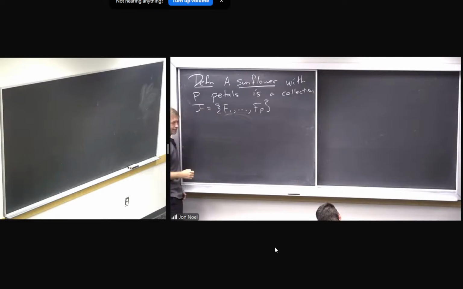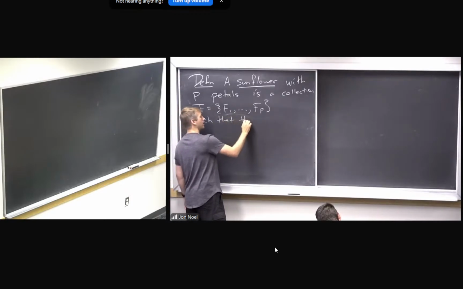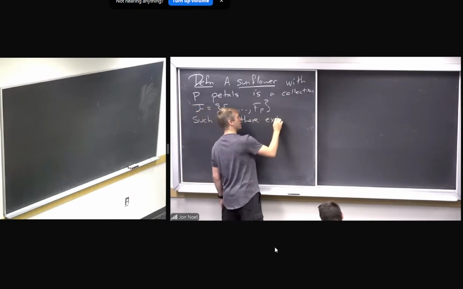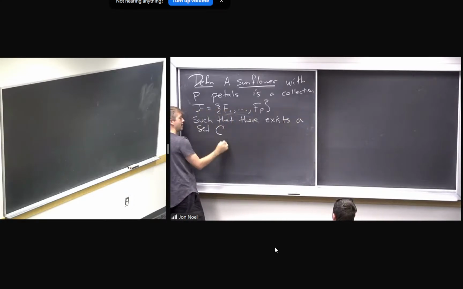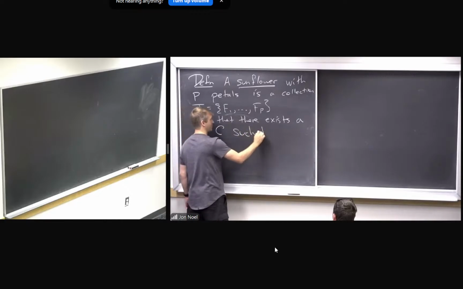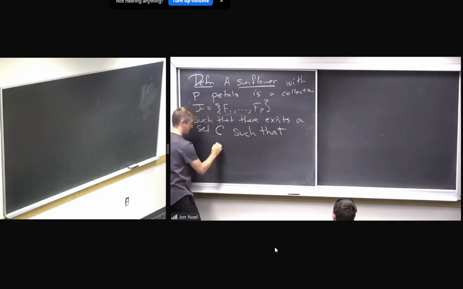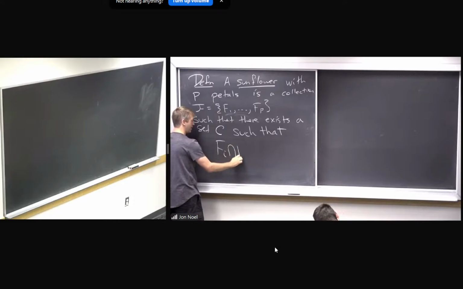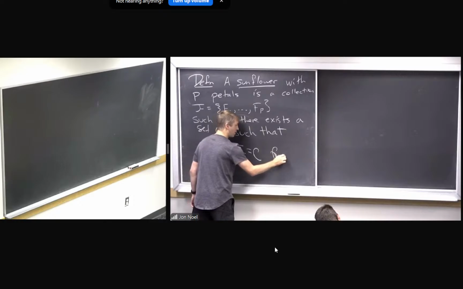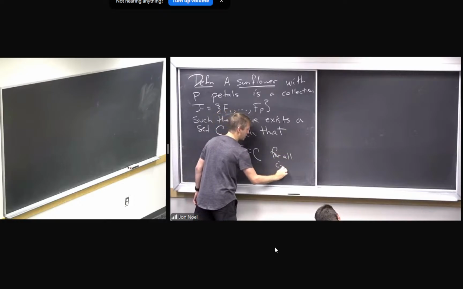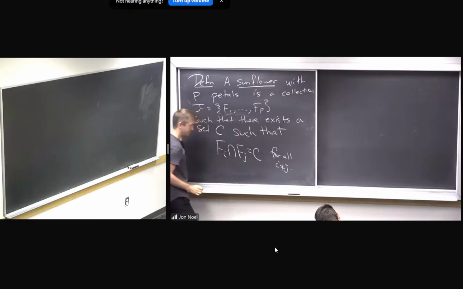So it's a collection of p sets such that there exists a set C such that, it's kind of a double such that, Fi intersect Fj is equal to C for all i not equal to j between 1 and p, of course.